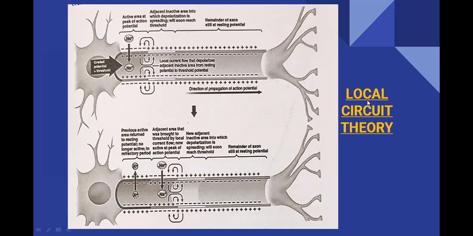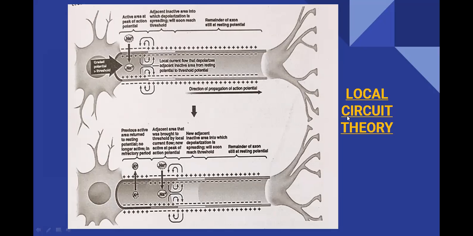By the creation of these local circuits, the action potential or nerve impulse will be propagated from this axon hillock region to the terminal, or telodendrites.